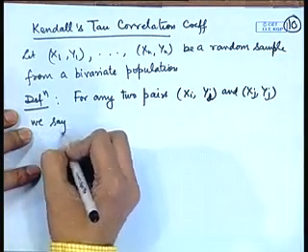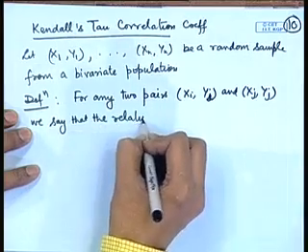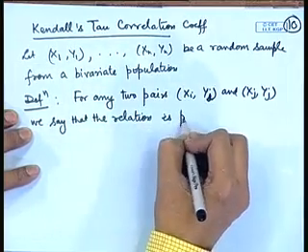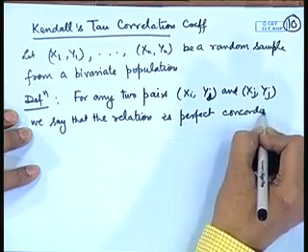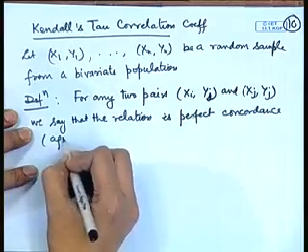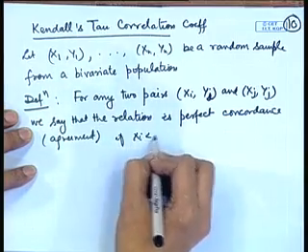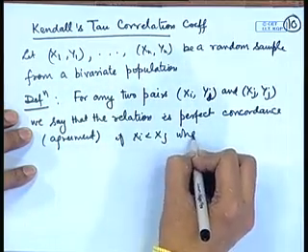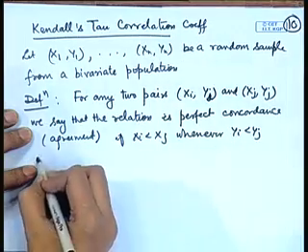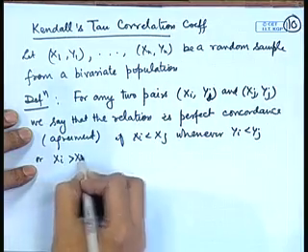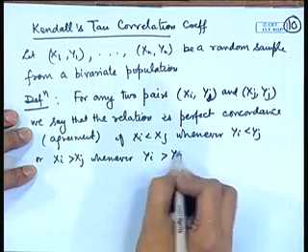We say that the relation is perfect concordance. Concordance here means agreement: they are in agreement if xi is less than xj whenever yi is less than yj, or xi is greater than xj whenever yi is greater than yj.